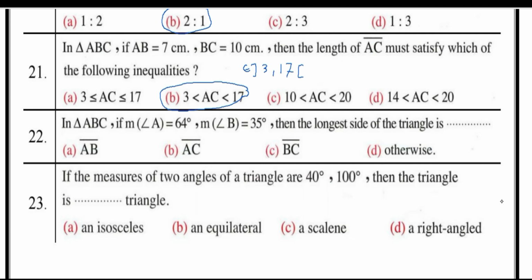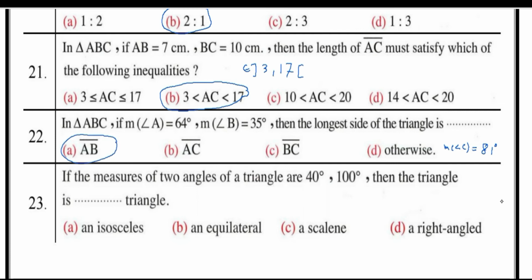So the remainder, angle C, equals 180 minus these two, it will be 81 degrees. So angle C is the greatest angle, so the longest side is opposite to angle C. The opposite of C in the triangle is AB. AB is the greatest side.